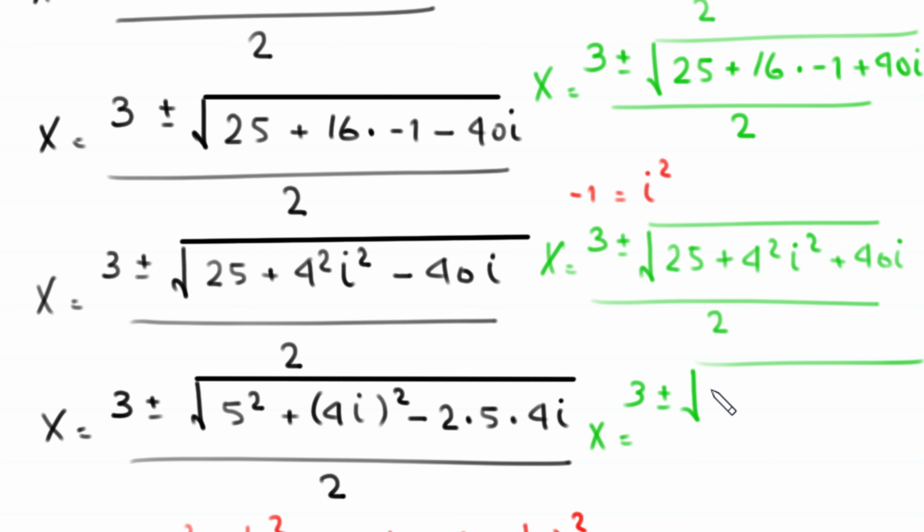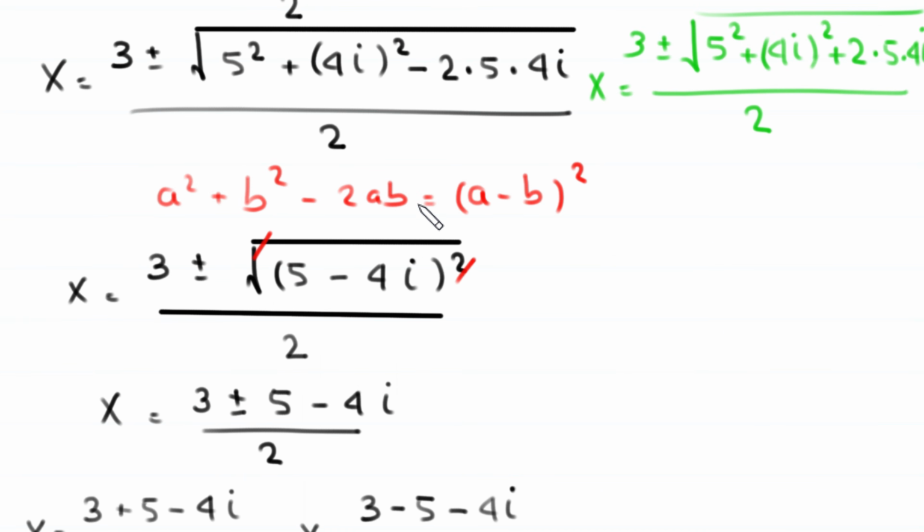And x equal to 3 plus minus the square root of 25 can be written as 5 squared plus this 4 squared times i squared can be written as (4i) whole squared plus this 40i is same as 2 times 5 times 4i, divided by 2.